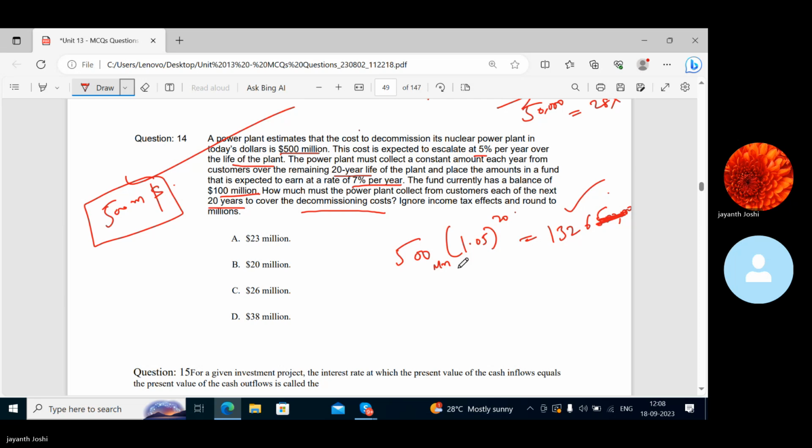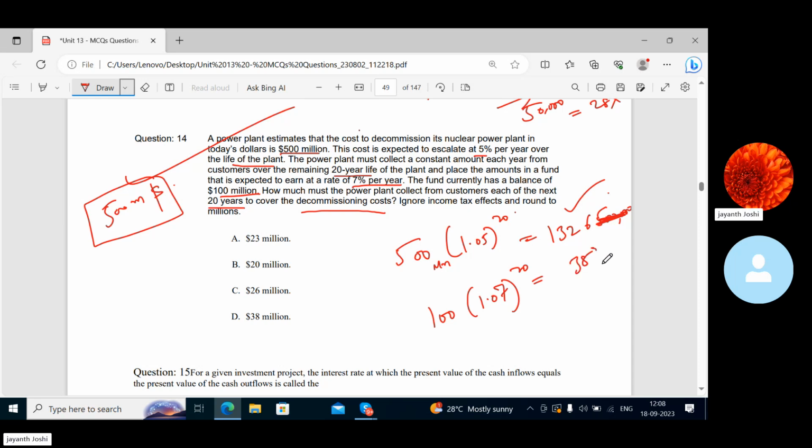Now 100 million is what is there in the fund. It is going to grow by 7% because every year it is going to give 7% returns, right? 1.07 whole power 20. Can you tell me how much this is? 386.9.